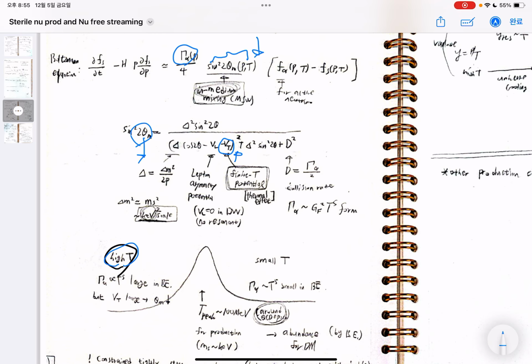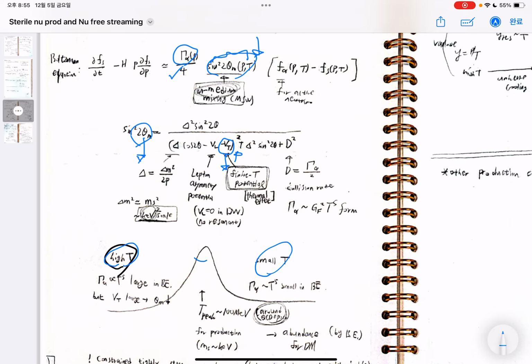But at low temperatures, in contrast, the decay rate becomes small, but the finite temperature potential effects become small, so the mixing angle can be large, and there is no resonance here. So there is some specific moment when both the decay rate and the mixing angle in the medium become large.